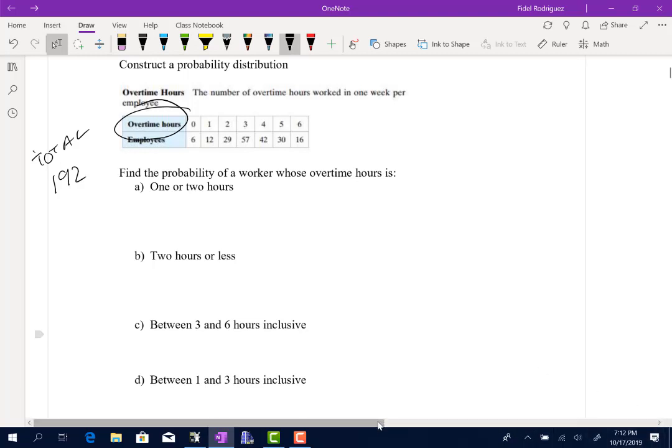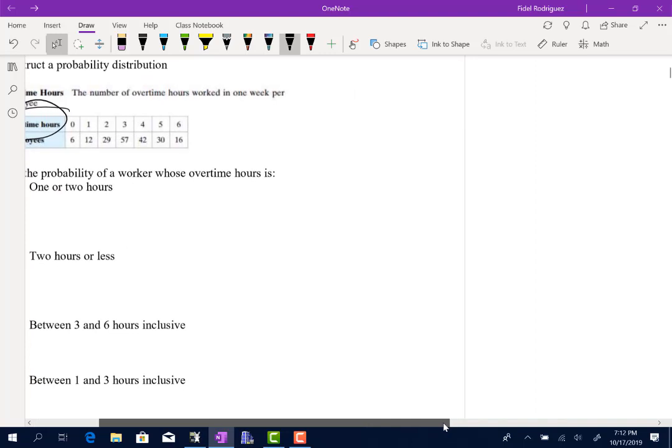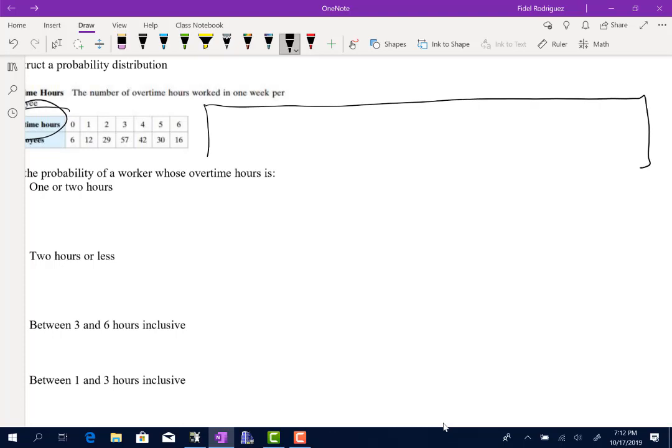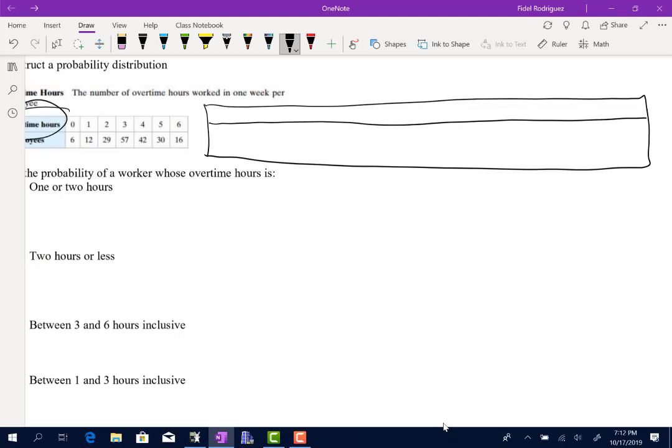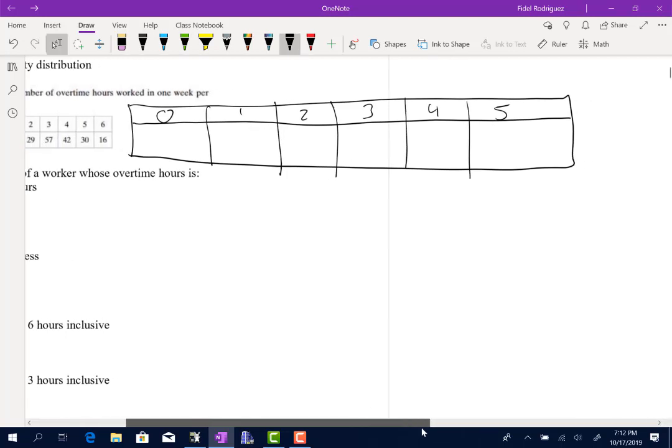Okay, so I want to do what we did on Tuesday. If you remember on Tuesday, we already had another table somewhere over here. The numbers that I'm going to put across are 0 and 1 and 2, 3, all the way to what number? 6.